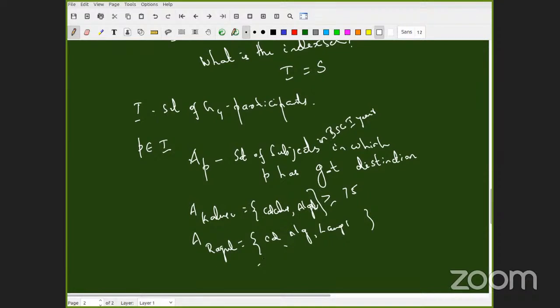So here, what is the index set? Let's ask Lekashri.